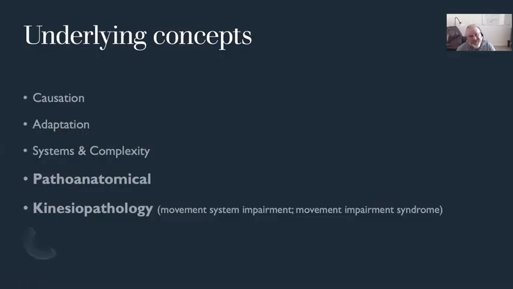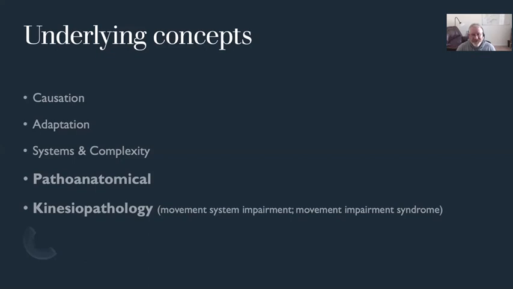You're already familiar with the underlying concepts of causation, adaptation, systems, and complexity. I know you're familiar with causation. Adaptation, you've gotten quite a lot about, but I just want to put them out there because I will refer back to them here and there.